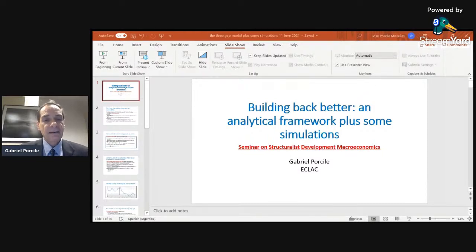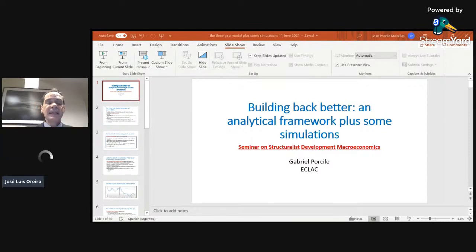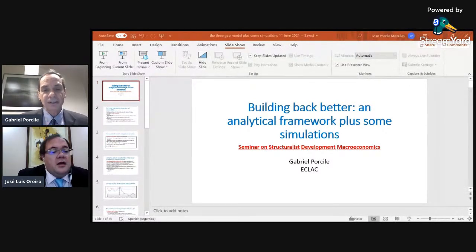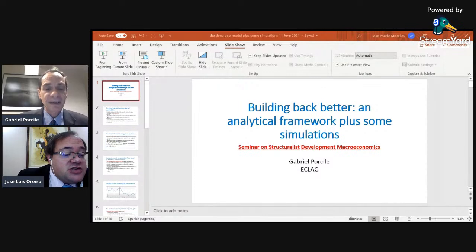In a center-periphery system, the way in which the periphery can increase its rate of growth with external equilibrium is by transforming the production structure, the pattern of specialization.